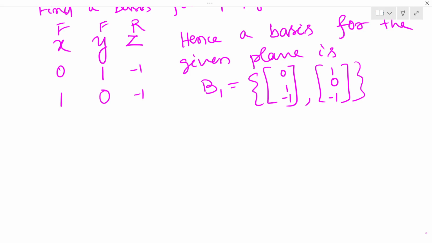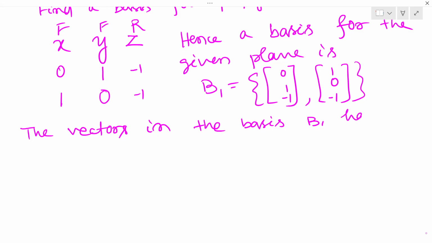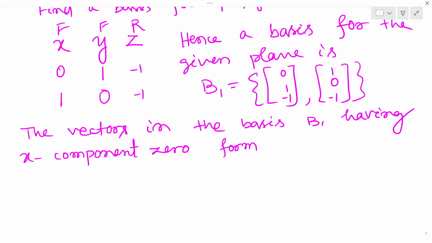So what will be the basis for the YZ plane? The vectors in the basis B1 having x component 0 form a basis for what plane?